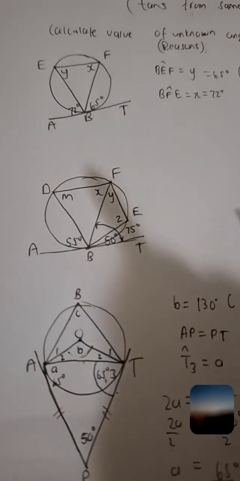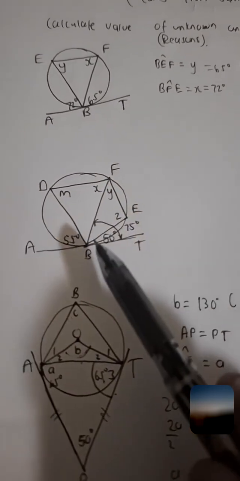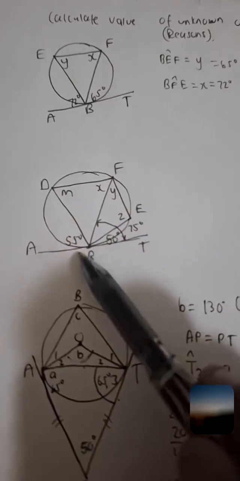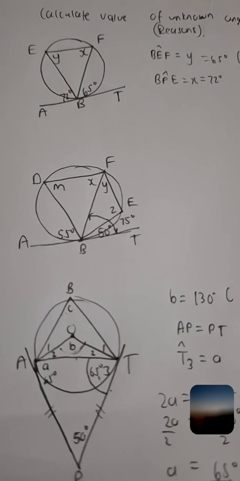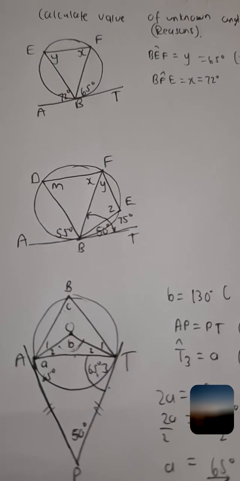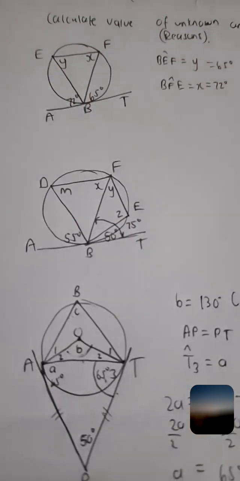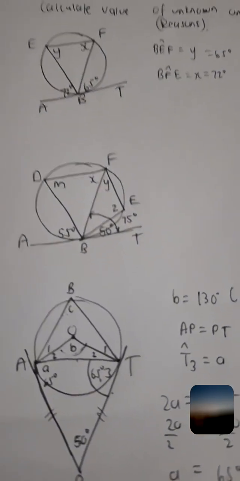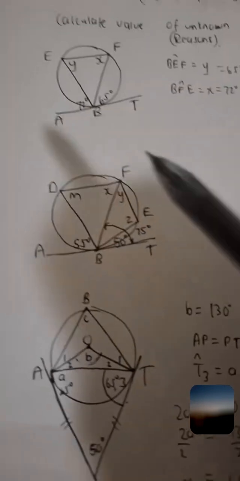We are given points that lie on the circumference, which are D, F, E, and B. So can I conclude that D, B, E, F is a cyclic quadrilateral? Yes, of course. And then I see that ABT is still a tangent, right?